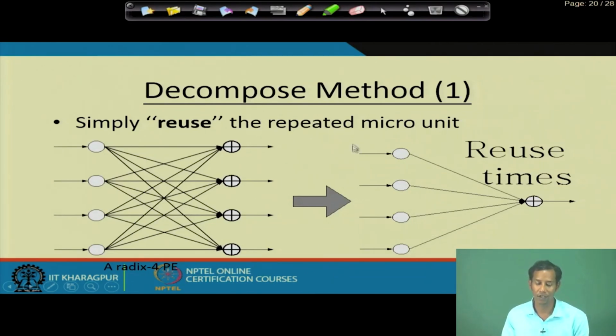So, how can we decompose the FFT for better utilization, for designing a better FFT architecture? Suppose we have these 4 multipliers and then the addition operation. We will reuse this addition operation; the multiplication operations are in parallel, but we reuse the addition operation.